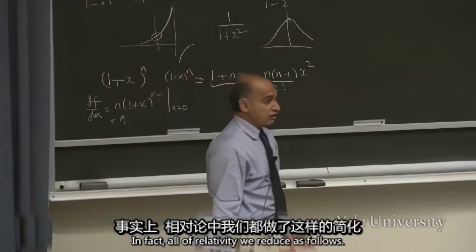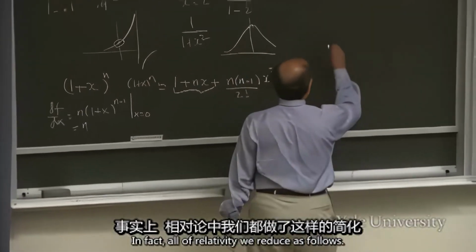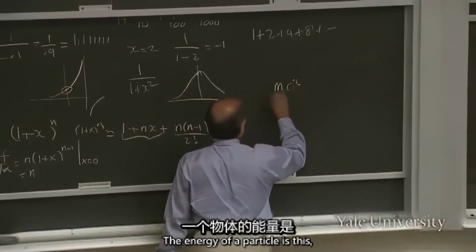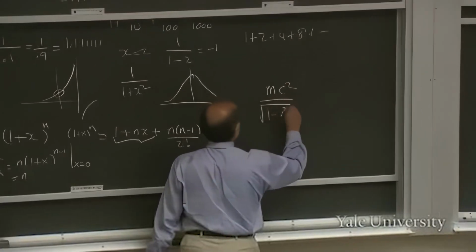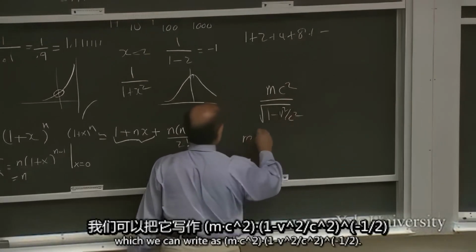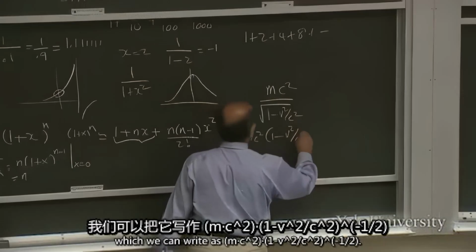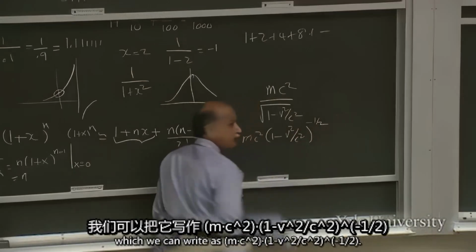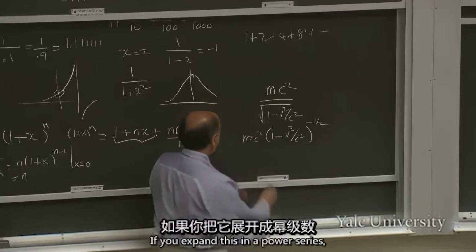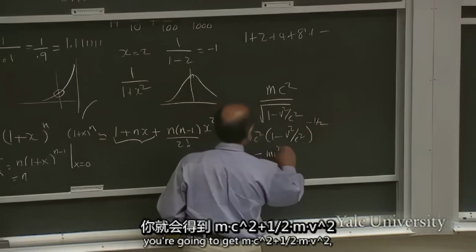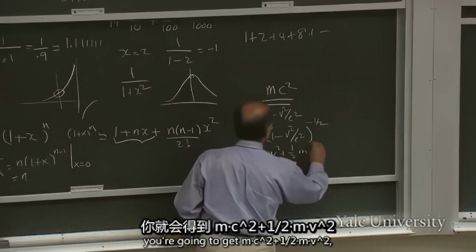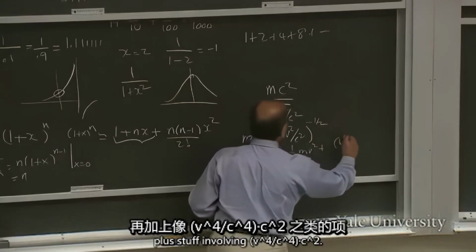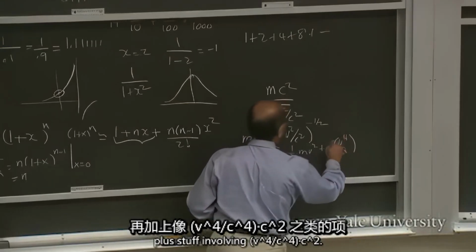In fact, all of relativity we reduce as follows. The energy of a particle is this, which we can write as mc squared times (1 - v squared over c squared)^(-1/2). If you expand this in a power series, you're going to get mc squared plus 1/2 mv squared plus stuff involving v to the 4th over c to the 4th times c squared.